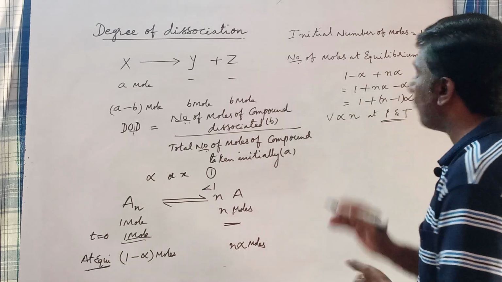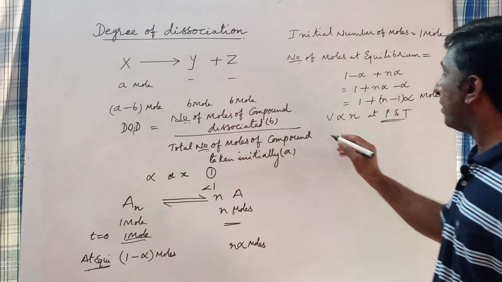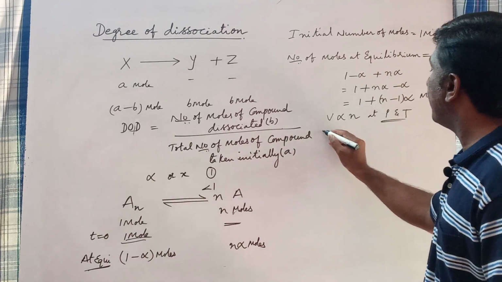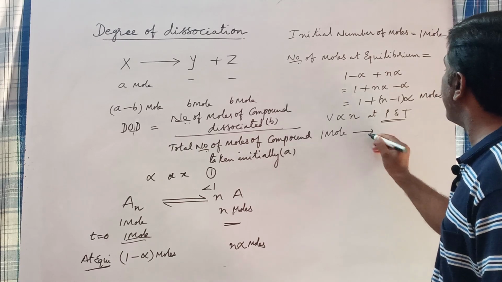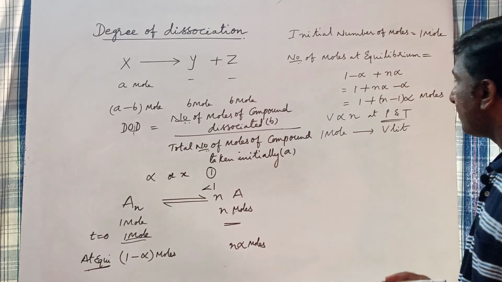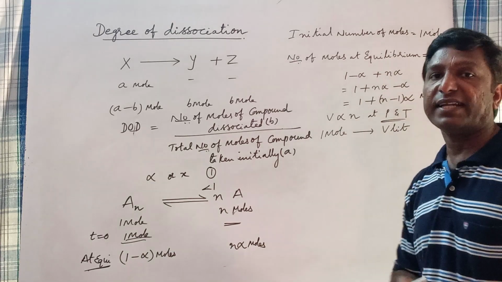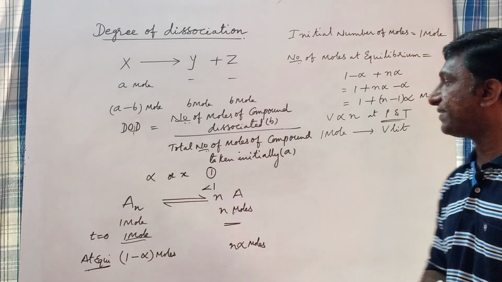This is Avogadro's law. So under these reaction conditions, 1 mole of gas occupies a volume of V liters.